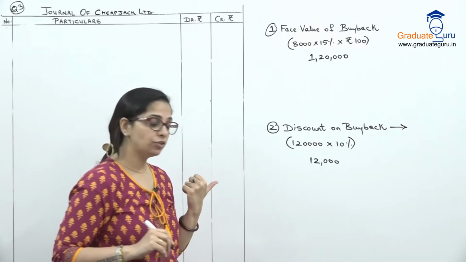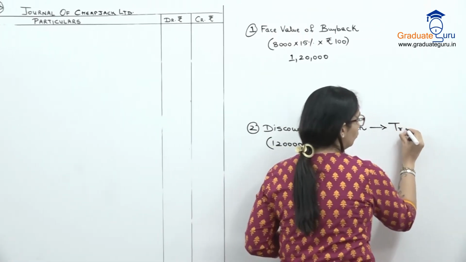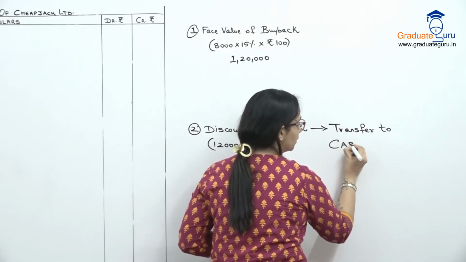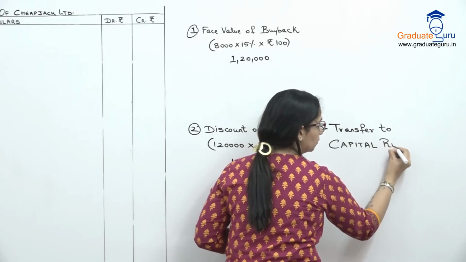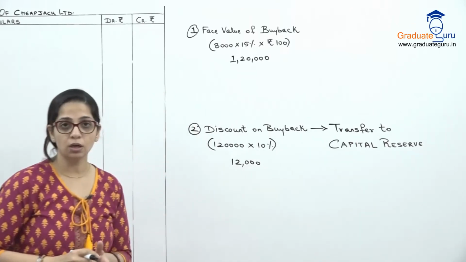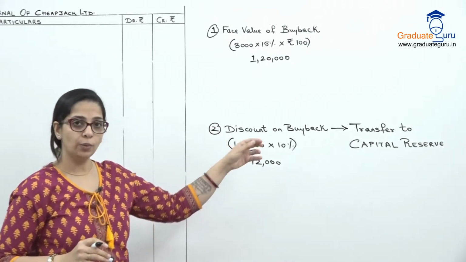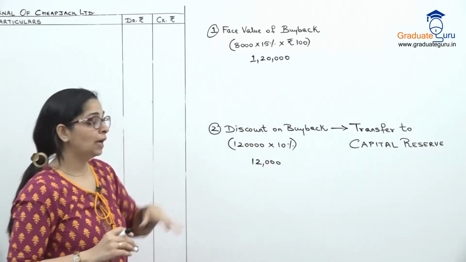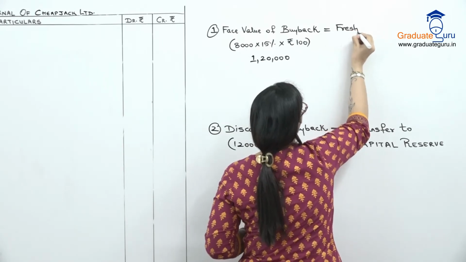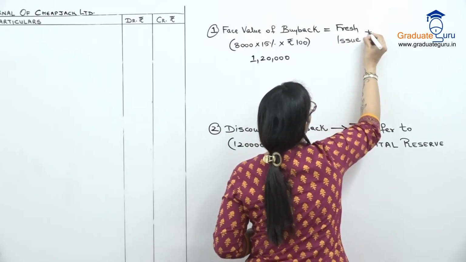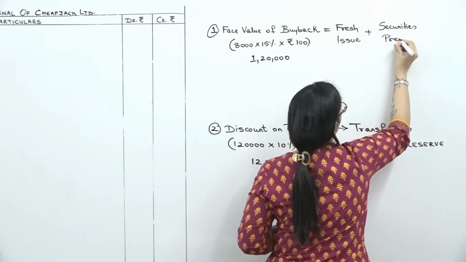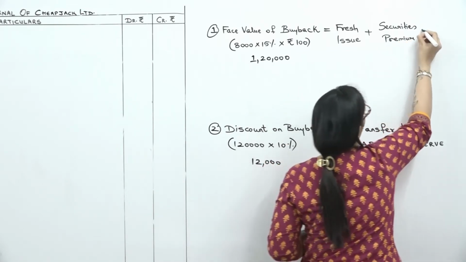When we discussed our journal entries earlier, we had seen that the discount is taken directly to capital reserve. Okay. So here I don't need to see how many reserves I have. Directly discount will be accounted in capital reserve. Now for my face value, we have three sources: fresh issue, securities premium, and our free reserves.